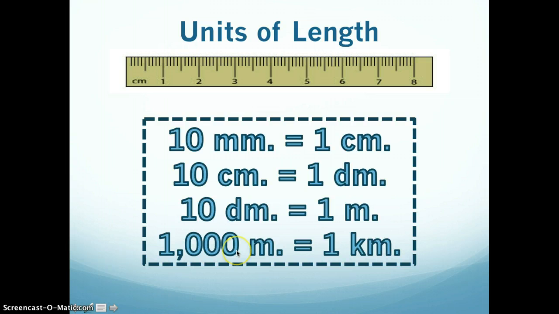And 1,000 kindergartners, or 1,000 meters, equals 1 kilometer. You can also see this above. If you notice on the ruler that there are 10 millimeters in between each centimeter.